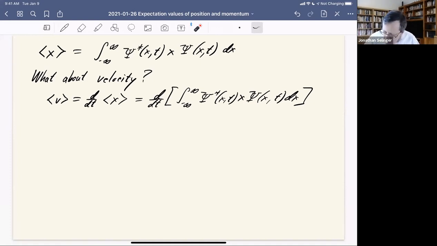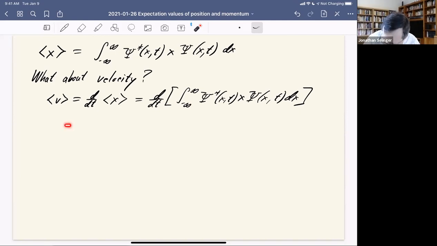If I want to take the time derivative of this integral, what depends on time? The limits of integration do not depend on time, so I can take the time derivative and put it inside the integral.